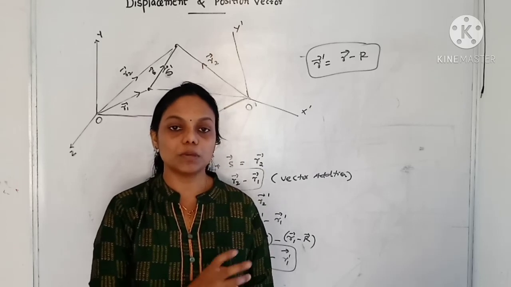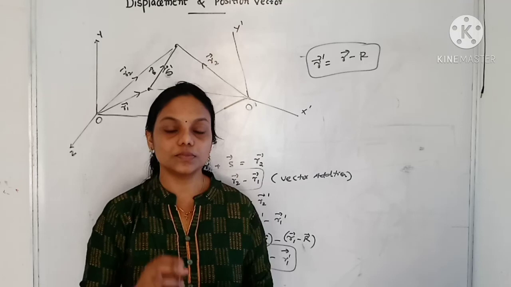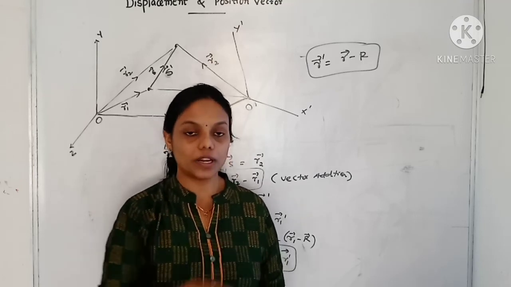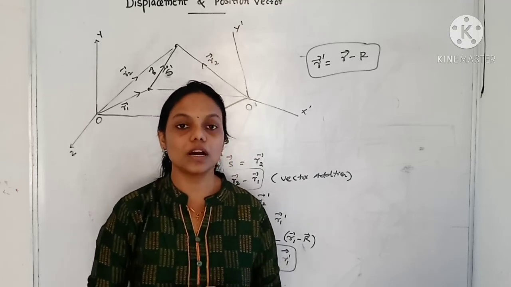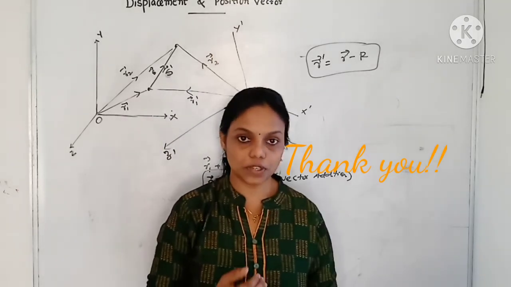At the same time, the position vector is not a true vector. It will depend on the coordinate system. So this is all about displacement and position vectors. So let's stop the session here. Thank you.